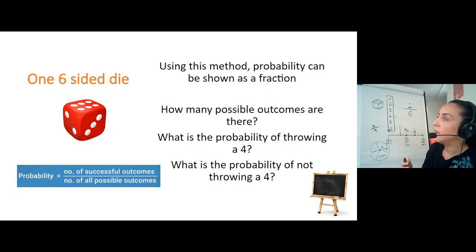But you could still take the probability of something happening, as in 1 in 6, and express it on a scale. So you could make your scale down into sixths, which is about here. 1, 2, 3, 4, 5, 6. And the probability of getting a 1 or a 2 or a 3 or a 4 or a 5 or a 6 is about here.